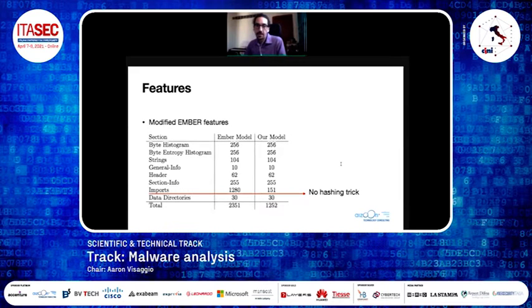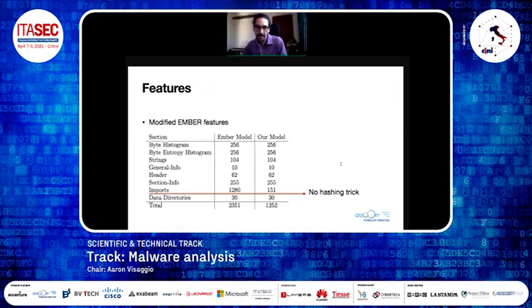For the features, we already said that they are all static analysis-based features. We don't have the time to detail them, but they are more or less the same features provided by the Ember developers as a benchmark model, divided into 8 major groups.